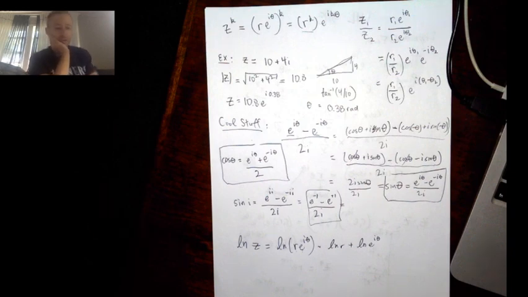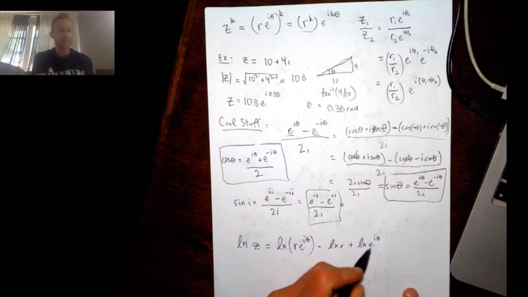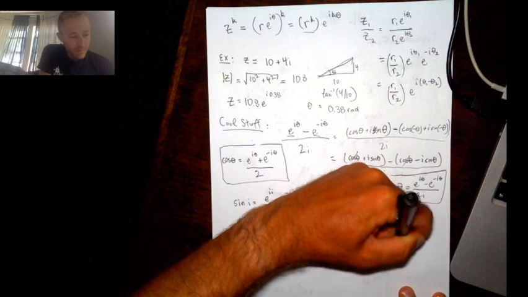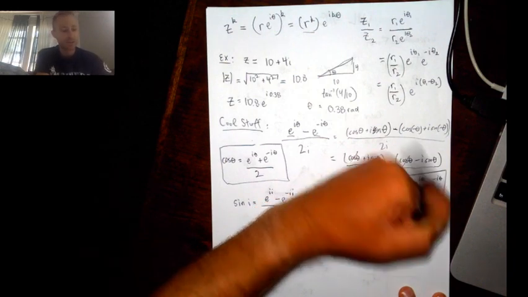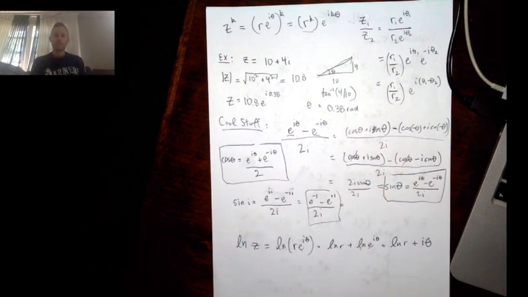Now, natural log is the inverse function of e, so these two cancel each other out, and I just get i theta. So you can take the natural log of a complex number. I think it's pretty cool. I'm going to bust out a second piece of paper here.